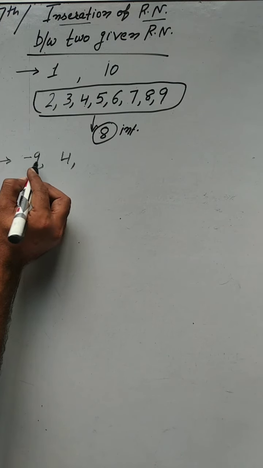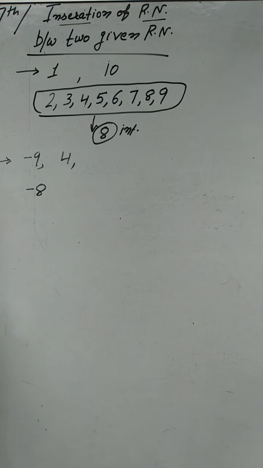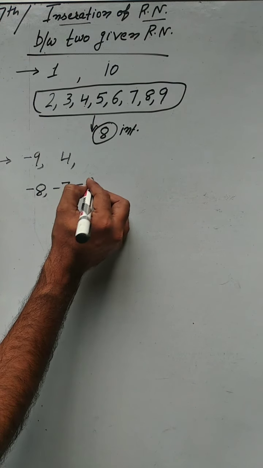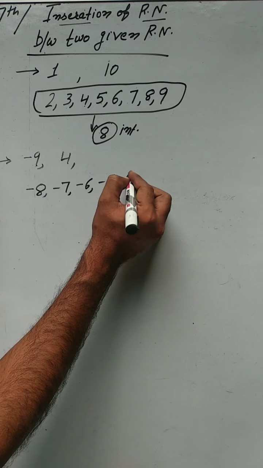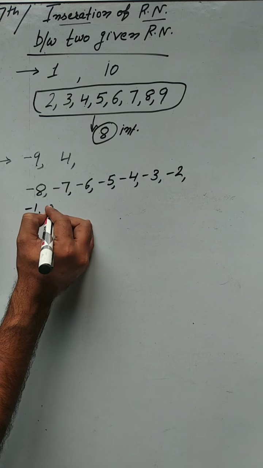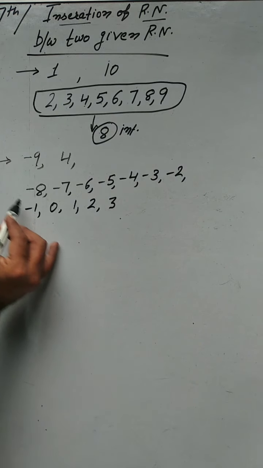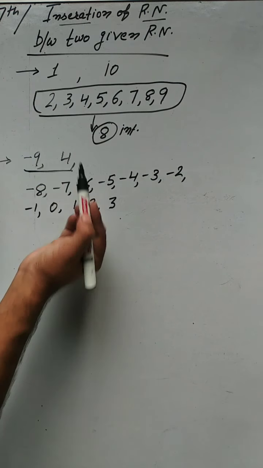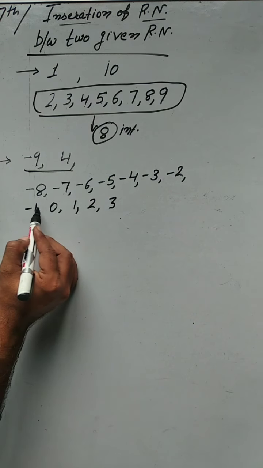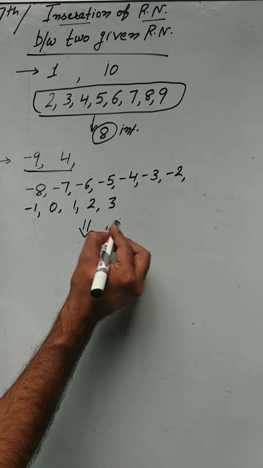After minus 9, on the right hand side it will be minus 8, then minus 7, minus 6, minus 5, minus 4, minus 3, minus 2, minus 1, 0, 1, 2, 3. So these are the integers between minus 9 and 4. How many are these? 1, 2, 3, 4, 5, 6, 7, 8, 9, 10, 11, 12. These are 12.